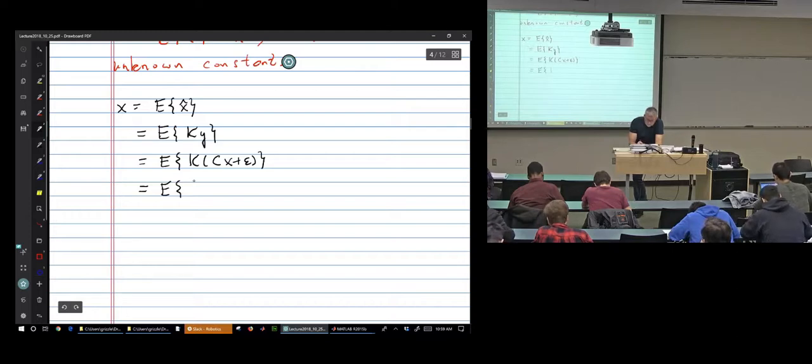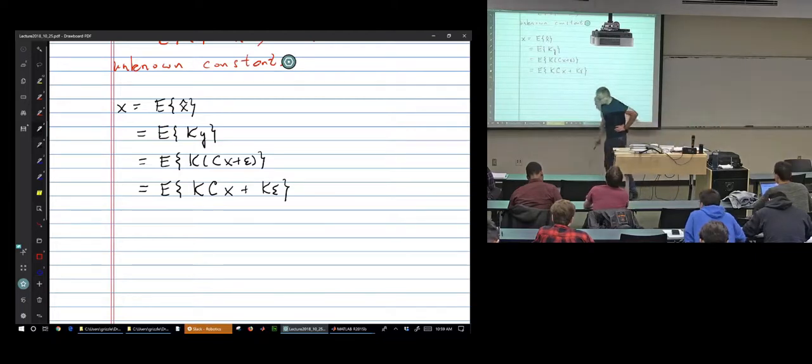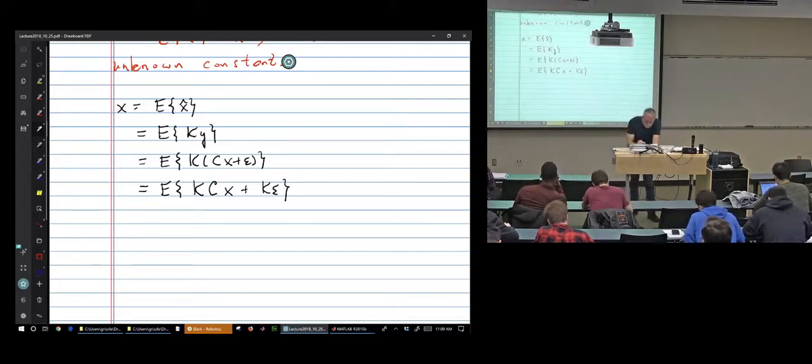So that's the expected value of KC times x plus K times the noise. We're good with this so far? Just plugging in x hat is K times y and multiplying it through. Now an expectation is an integral. The integral of a sum is the sum of the integrals, right? So we just go one more step. That's easy.